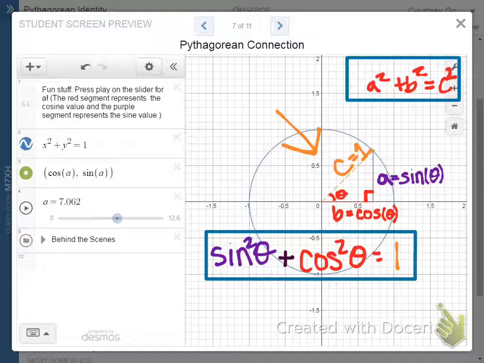Okay, and this is all about to go away. I'm going to clear it, so pause here and write this down if you're watching for the first time. But pay attention as I let this go around again. You'll see that the radius is constant, and I always have a right triangle where one of the legs represents cosine and the other leg represents sine.